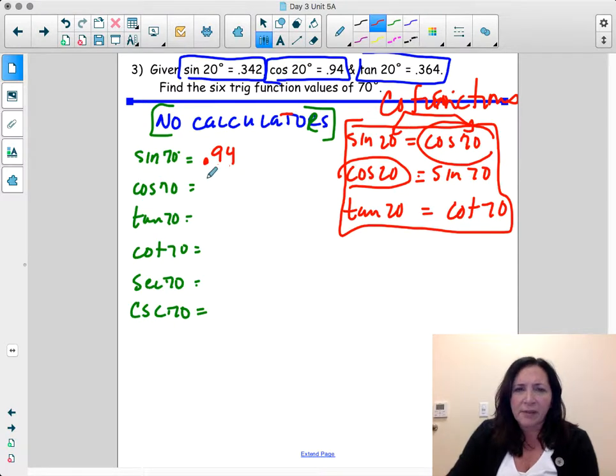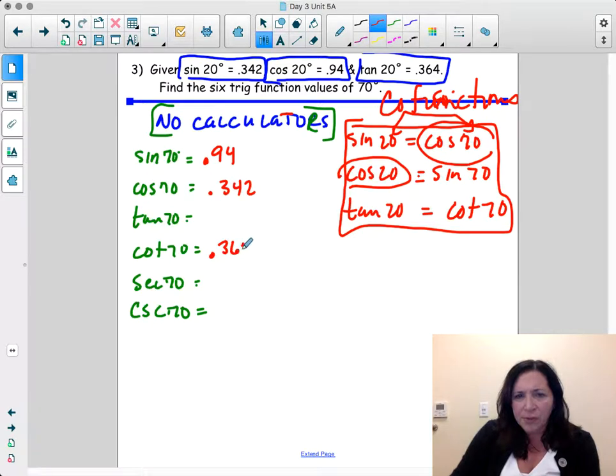That equals sine of 20 degrees. And we actually know what sine of 20 is, and that's going to be 0.342. Now, tangent of 70, I don't have that one, but I do have cotangent of 70, which is tangent of 20, which is 0.364.